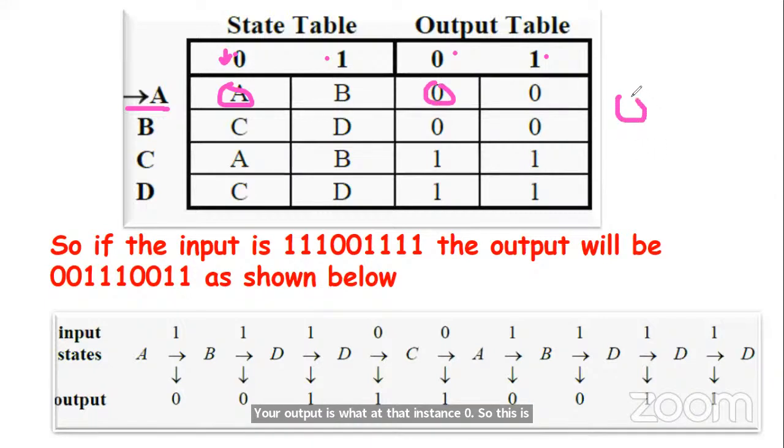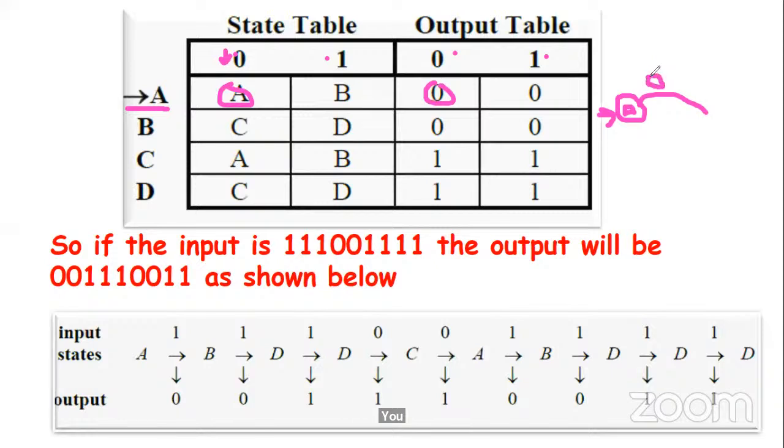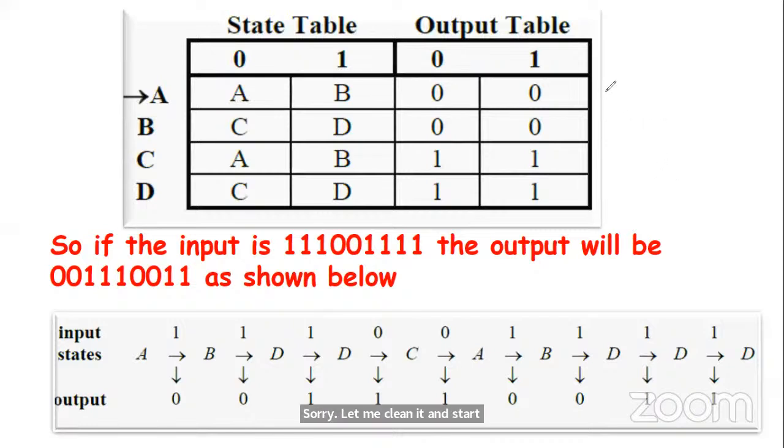You are at A. You have this arrow pointing. You receive an input of 0. Let me clean it and start it over. Okay. So this is our arrow showing that we're at A. You're at A. You receive an input of 0.